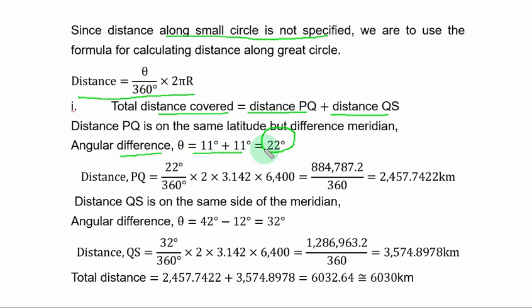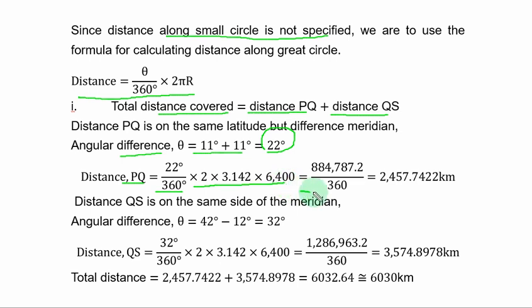Since the points are on different sides of the meridian, you have to add them to get the angular difference. So distance PQ is equal to 22 degrees over 360 degrees times 2 times pi times the radius of the earth.